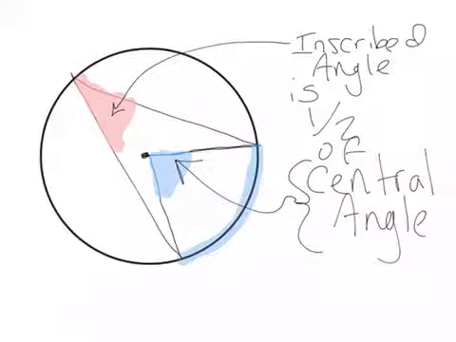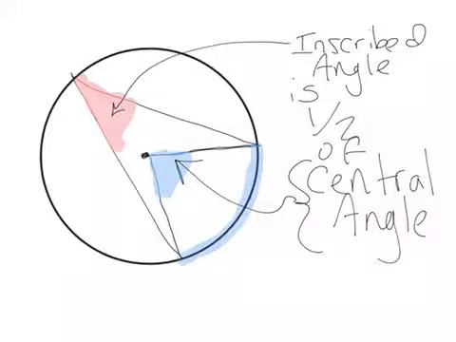So when you get to IXL, which I told you on Canvas which ones you're going to do, you're essentially just solving either for the inscribed angle or the central angle, and for the most part they're pretty straightforward. So let's just say, for example, my central angle is 60 degrees.